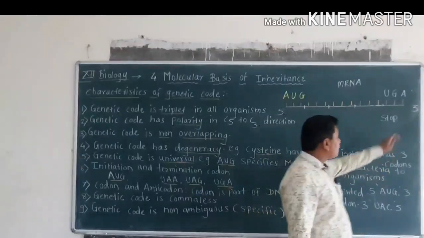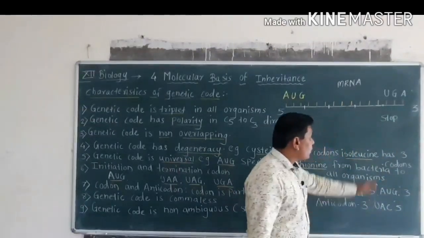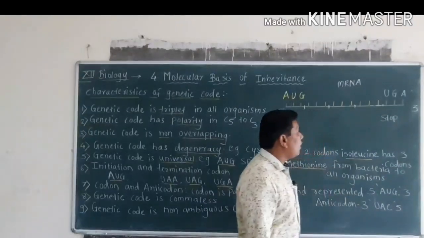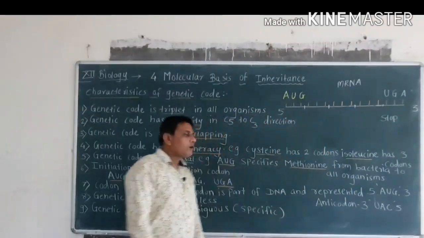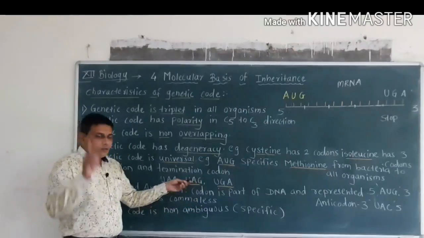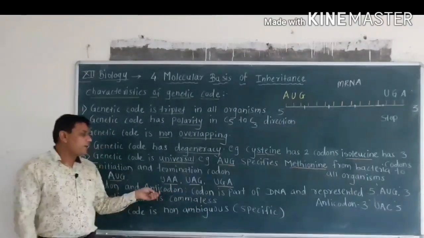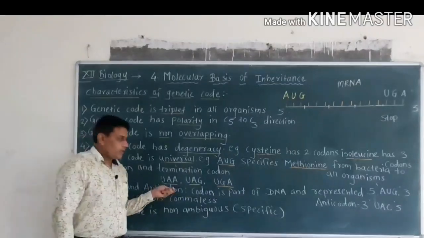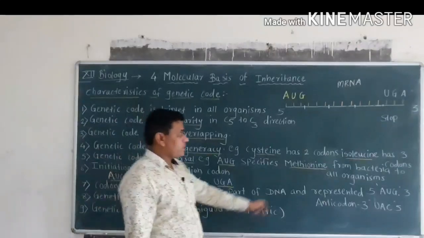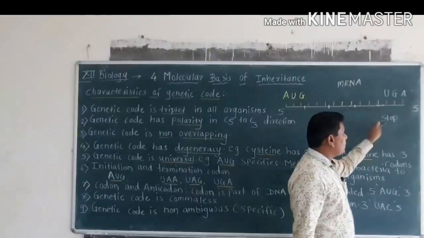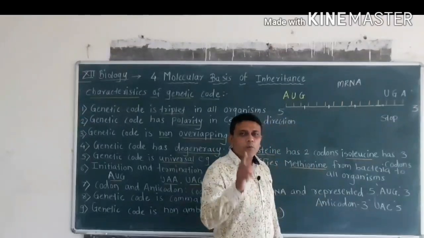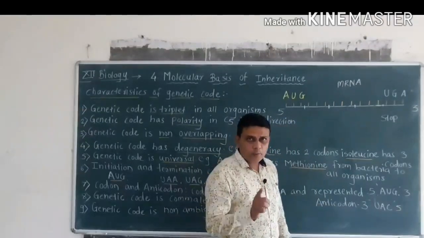And at the C3 end, the sequence of 3 nucleotides or 3 nitrogen bases is called as stop codon, or it is called as termination codon. The stop or termination codon may be UAA, UAG or UGA. Now here we can see that UGA is the stop codon. Stop codon means the process of protein synthesis is stopped.